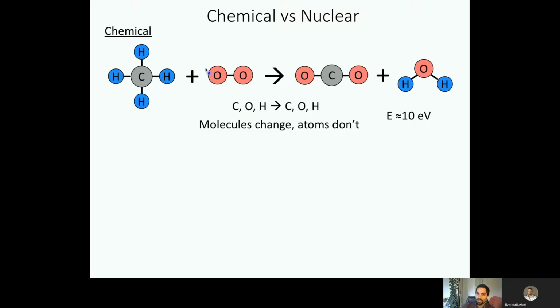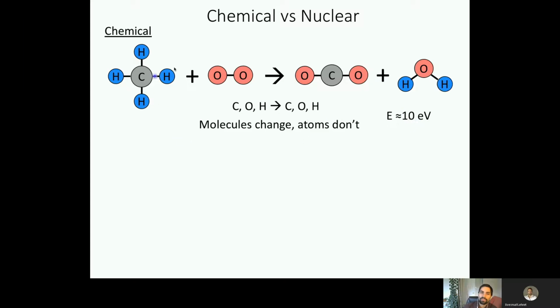So we have different molecules when we start and when we finish, but the atoms are the same. We start with carbon, oxygen, and hydrogen, and we finish with carbon, oxygen, and hydrogen. This reaction will liberate a little bit of energy. And here I wrote the energy in terms of electron volts, which is what we usually use for very small amounts, like 1 molecule or things like that.